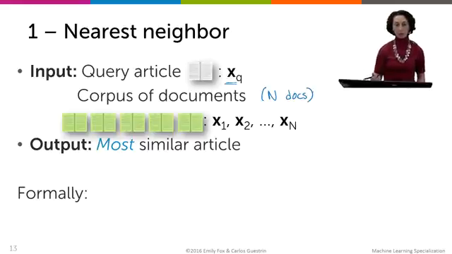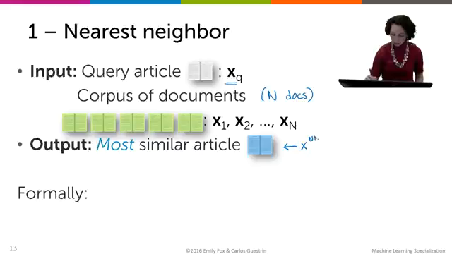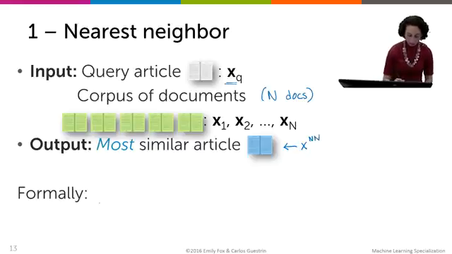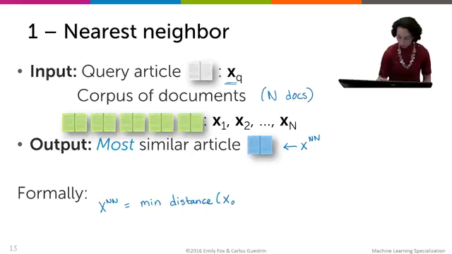And the output of this algorithm is going to be the most similar article. In particular, it's the article whose distance is smallest relative to our query article. We're going to denote this returned article as X nearest neighbor. So formally, X nearest neighbor is defined to be the article that minimizes the distance between our query article, XQ, and any possible article in the corpus.